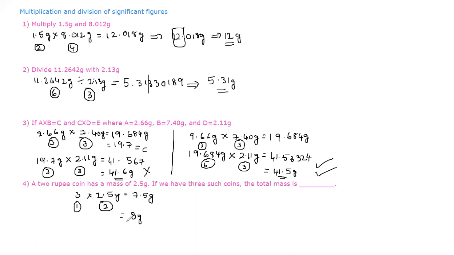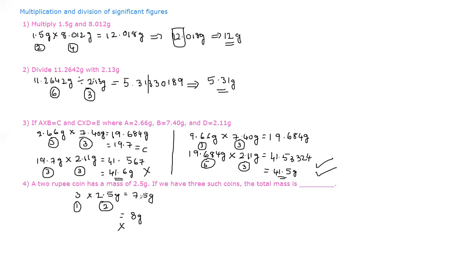But this is wrong. Why? Because the 3 we are talking about here is an exact number. Exact numbers have an infinite number of significant figures. So wherever an exact number is considered to have an infinite number of significant figures, we are not supposed to limit the number of significant figures in the calculated result.